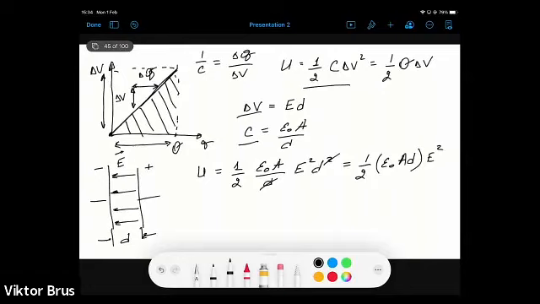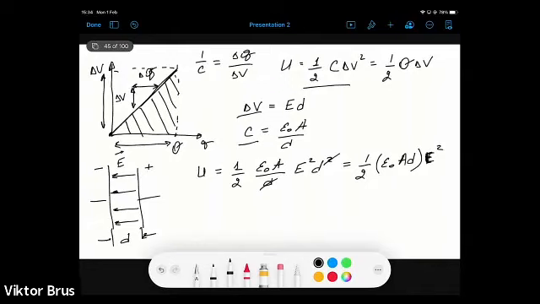So we see from this equation that the energy of electric field is defined by the square of the magnitude of electric field vector, E. So we have a square dependence between the potential energy in a certain point of electric field and the strength of electric field in this point, like the magnitude of the electric field vector.